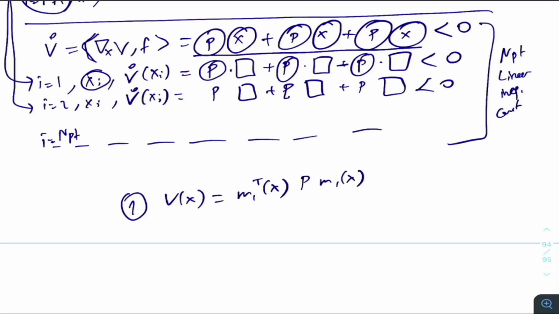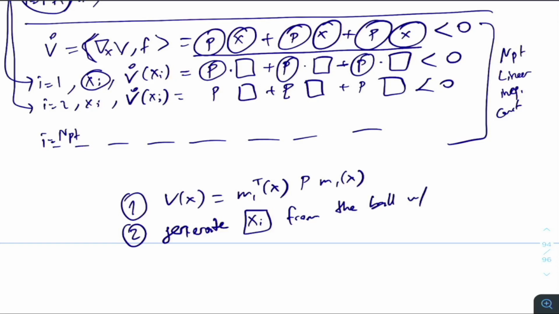Step 2: generate samples xi from the ball with radius r. And by the way, this type of Lyapunov function construction also has some additional benefits over the SOS.